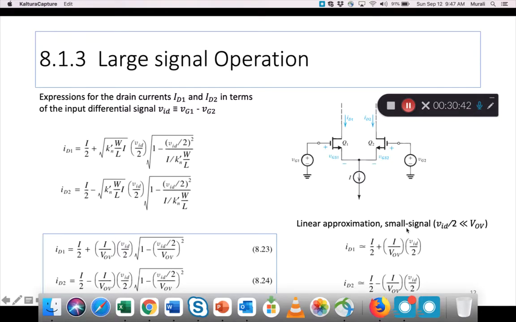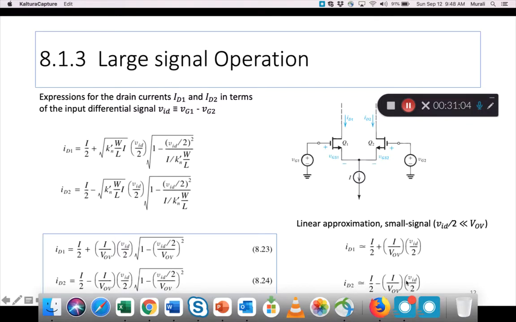So if your input signal is small, that means the VID or half of VID is much less than the overdrive voltage. Then these formulas can be simplified to look like this. So ID1 will be linearly proportional to VID, and ID2 also will be linearly proportional to VID.